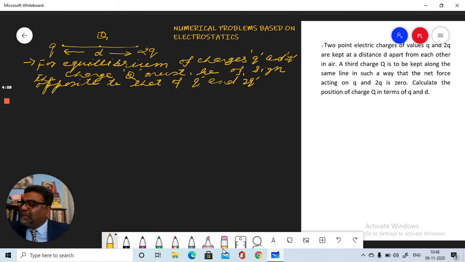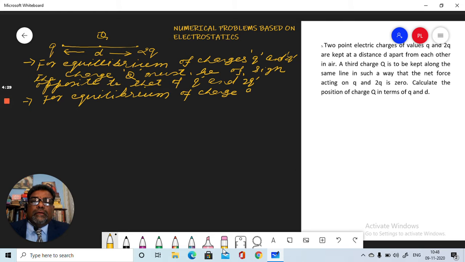Now the second statement is for equilibrium of charge q.